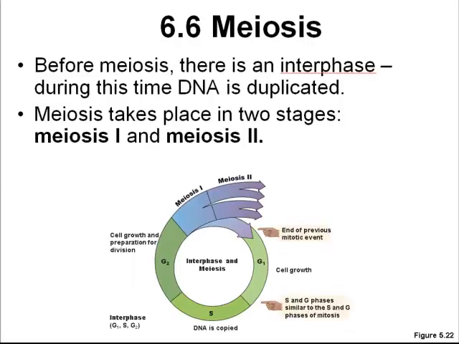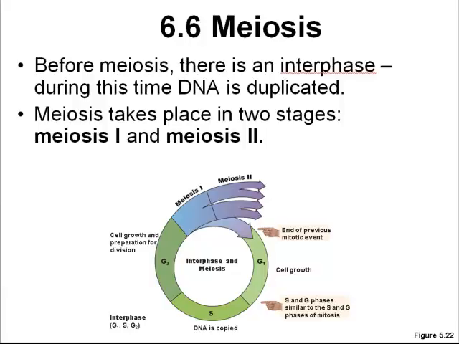Okay, so before meiosis, there is an interphase, nearly identical to the interphase that we saw in mitosis, and during this time DNA is duplicated. This means that when we enter meiosis, we see that all the chromosomes consist of two sister chromatids. Now that'll be familiar to you if you think back to our discussion of mitosis earlier in this chapter.